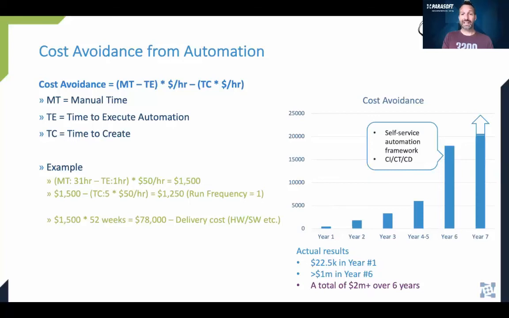So year 6, they were saving, through self-service automation framework, CI, CT, continuous test, continuous delivery, completely integrated, over $1 million in savings by year 6. And then if you look at the total over those 6 years, it was over $2 million in cost avoidance. And it built over time.